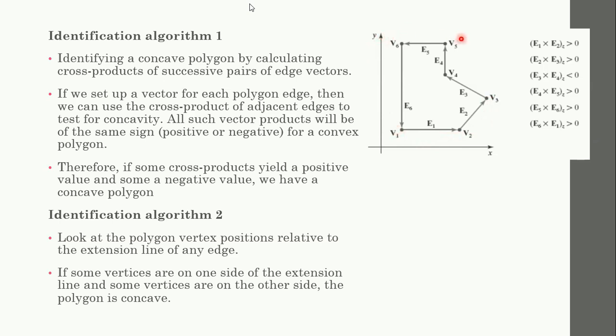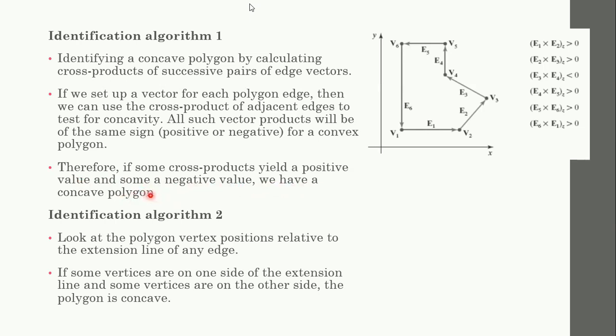We are going to consider the edge vectors. If we set up a vector for each polygon edge, then we use the cross product of adjacent edges to test for concavity. All such vector products will be the same sign, positive or negative, for a convex polygon. Therefore, if some cross products yield a positive value and some negative, we have a concave polygon.